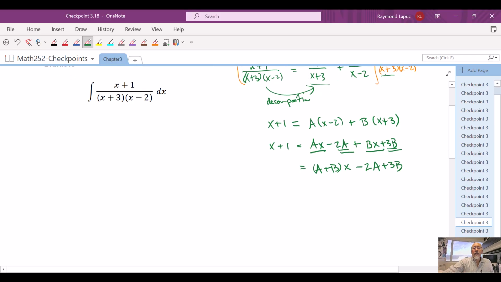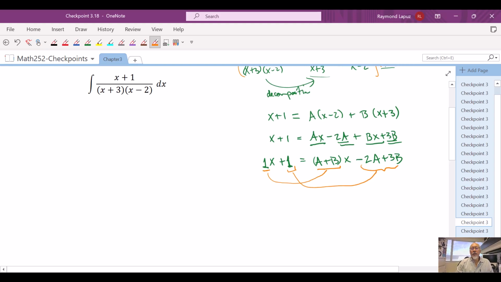And then the fact that these are all equal to x + 1 tells us that if we match the coefficients, the coefficient of x on the right-hand side should equal the coefficient of x on the left-hand side, and the constant term should equal the constant term there.